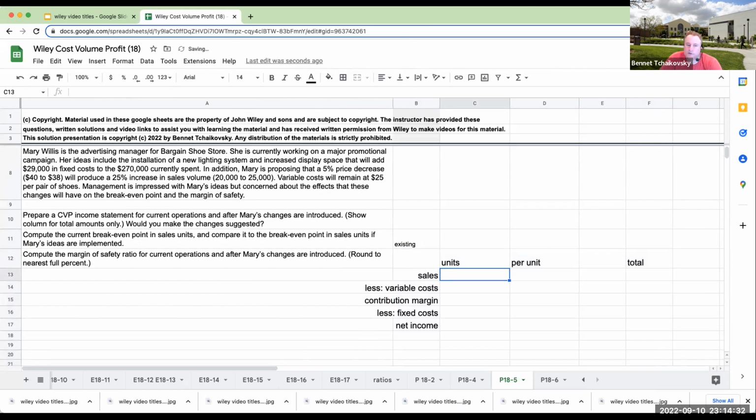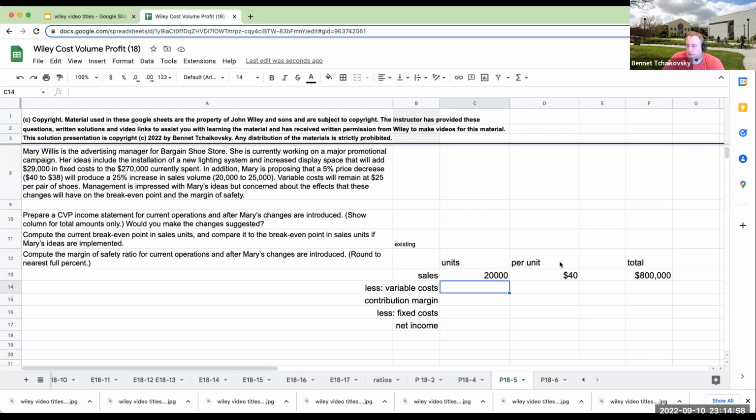In terms of sales, the per unit sales price is $40, and we're currently selling 20,000 units, so our total sales are $800,000.